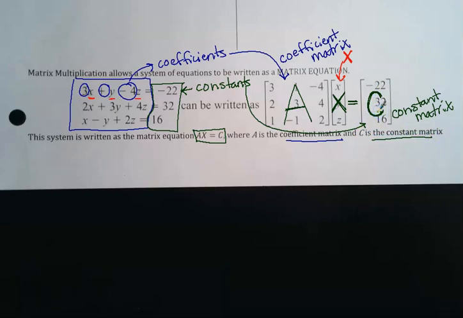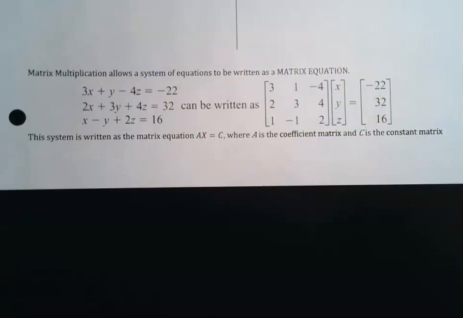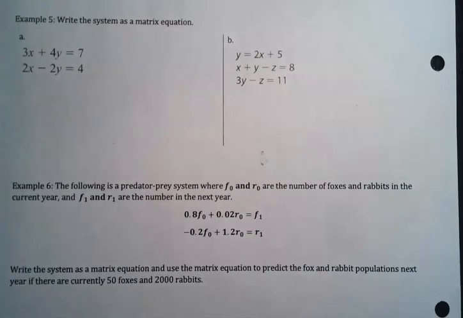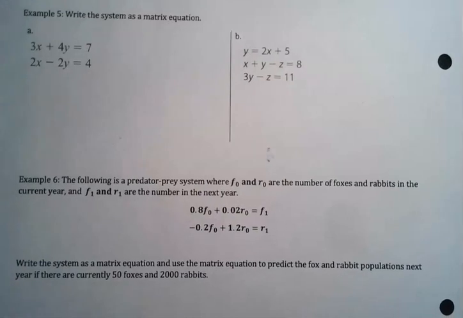Okay. So AX equals C. So we're taking the coefficients times the matrix with the variables in it equals the constants that we've got. So pretty simple to pull out. And if you know how to solve a matrix, they're a lot simpler to solve than just a system of equations.